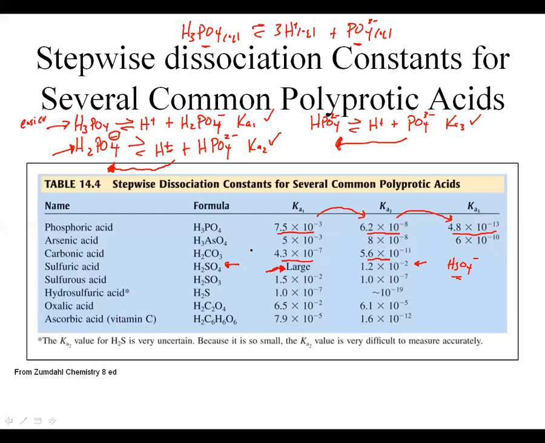So when we do calculations that involve polyprotic acids, it does work similarly. But there's a few things that you have to deal with. So let's take a look at a calculation involving a polyprotic acid.